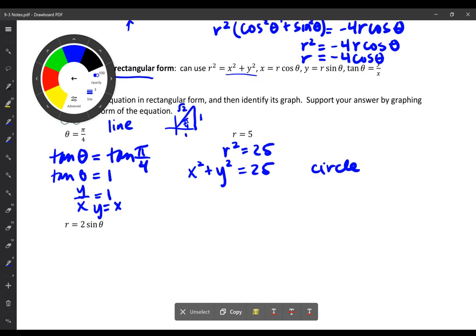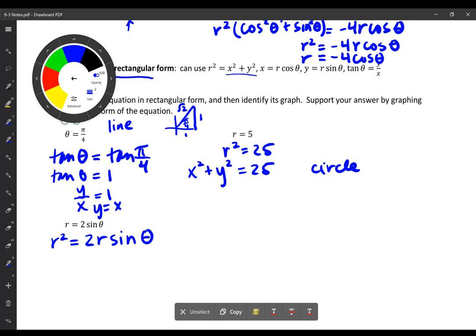The last one we're going to look at is r equals 2 sine theta. So we are going to multiply both sides by r. If you think about that circle one where we had to change it, there was that r squared and the r on the other side. So here we're going to start out by multiplying both sides by r.